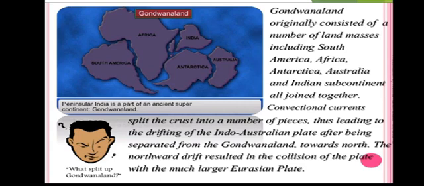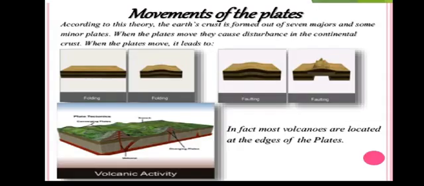Because of convectional currents that split the crust into a number of pieces, the Indo-Australian plate drifted after being separated from Gondwana land towards north. The northward drift resulted in the collision of the plate with the much larger Eurasian plate. So this is how the Indian subcontinent was formed.